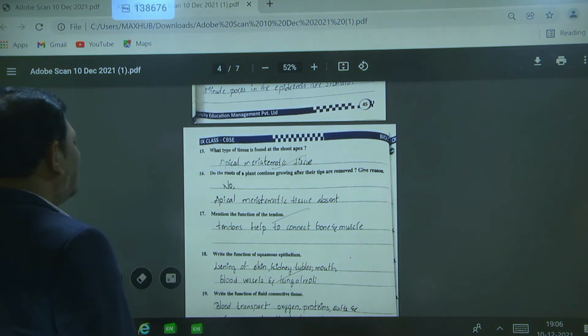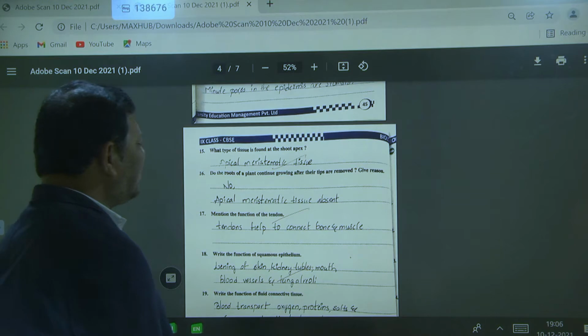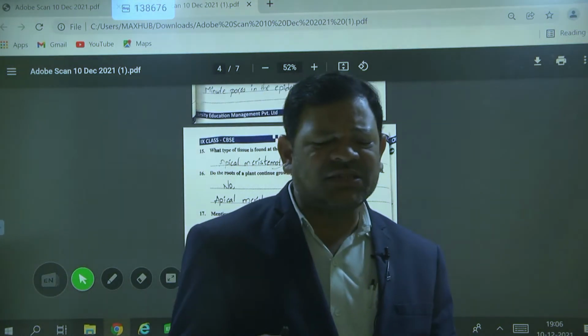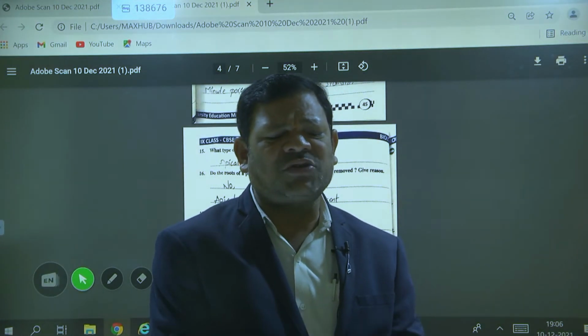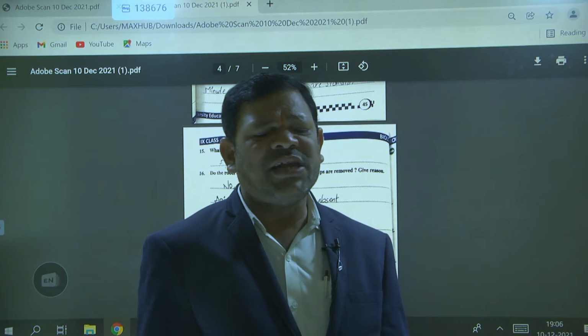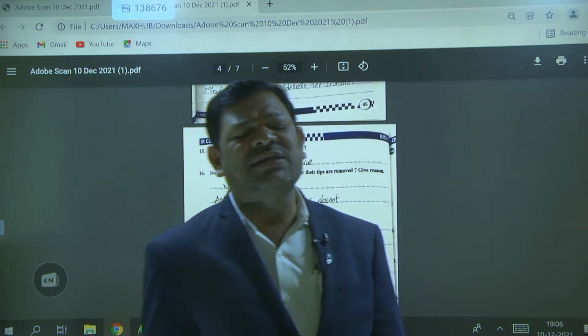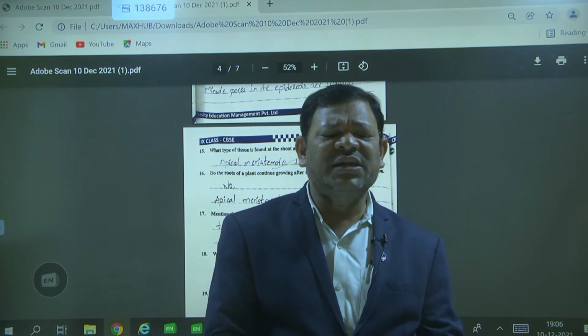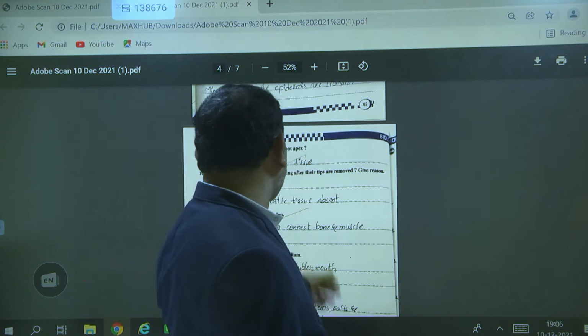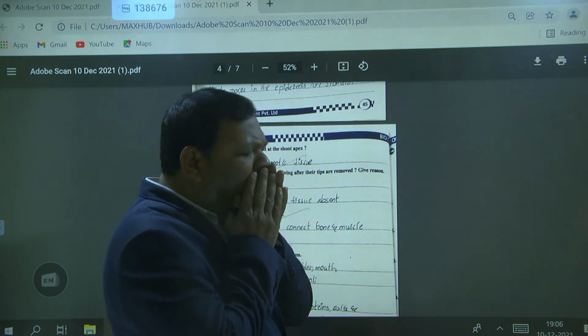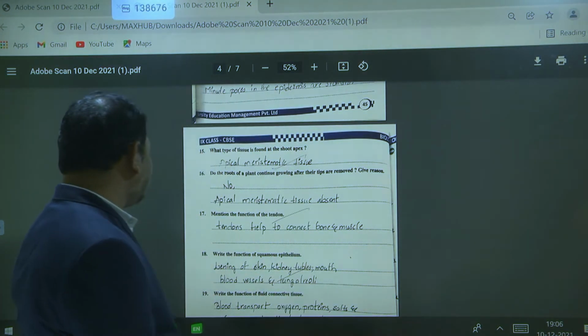Next, mention the functions of the tendon. Tendons connect bones and muscles together. Bones and bones are connected together by ligaments, while bones and muscles are connected with the help of tendons.